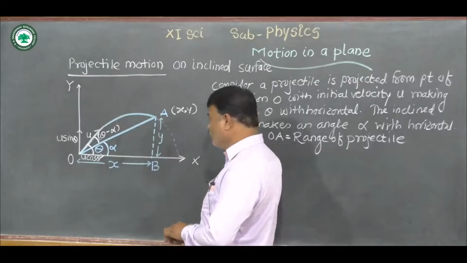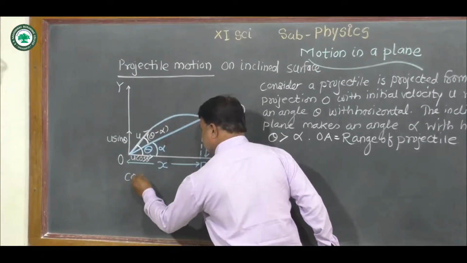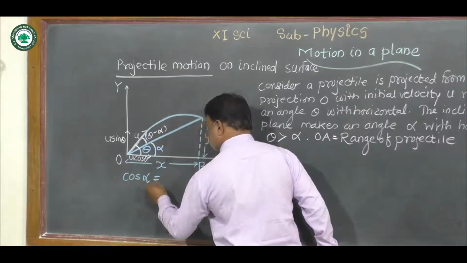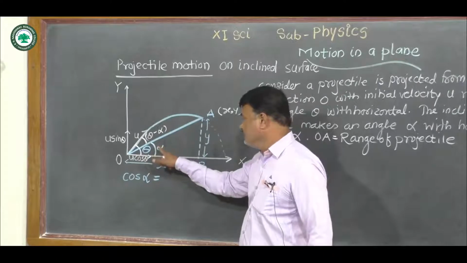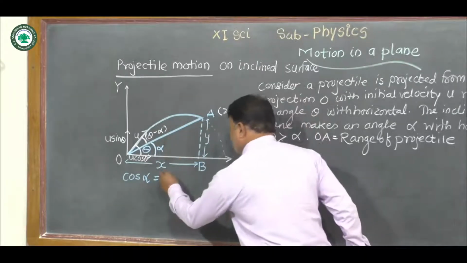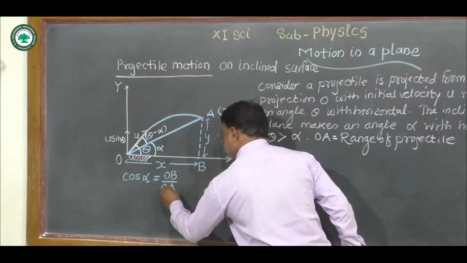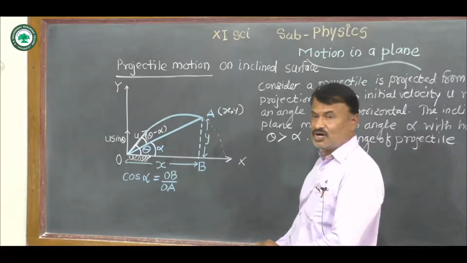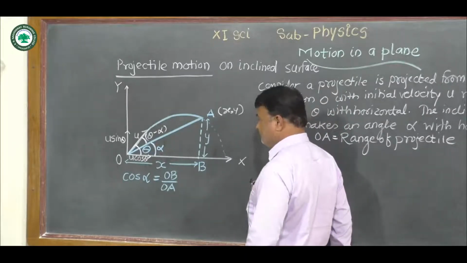In triangle OAB, we can find out cos of alpha. Cos alpha is equal to OB upon OA.